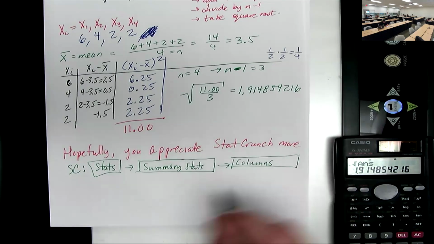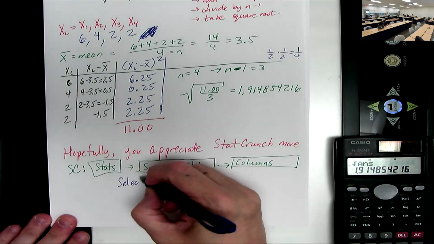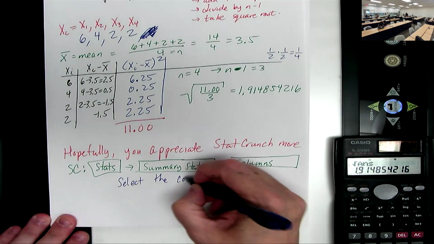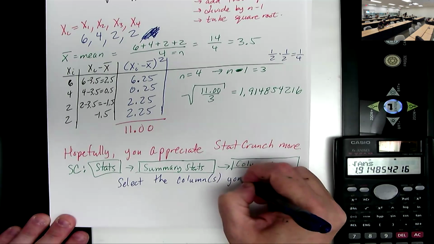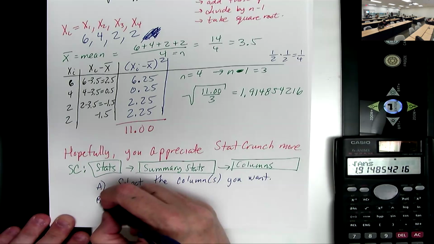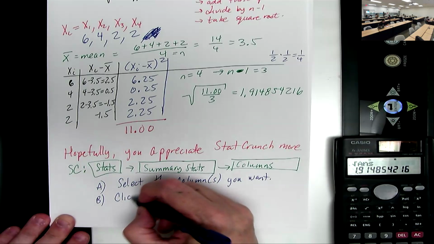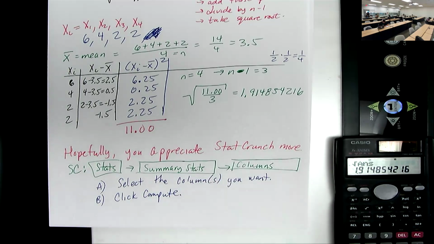Select the column you want. And you can click compute right away and it'll be on there. Then I'll hit stop record.